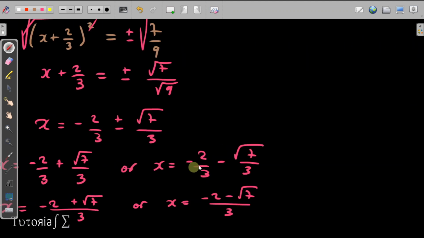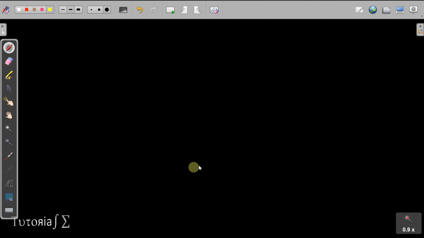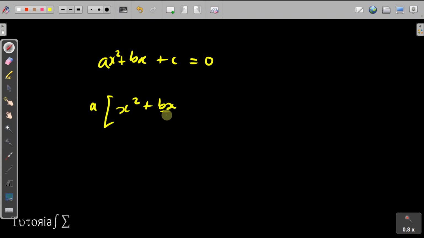Now, deriving the quadratic equation can also be done using the complete the square method. So remember the steps that we took previously. For instance, you have the quadratic equation ax squared plus bx plus c equal to 0. We factor out the a, so we have a open brackets x squared plus bx over a plus c over a close, equal to 0.